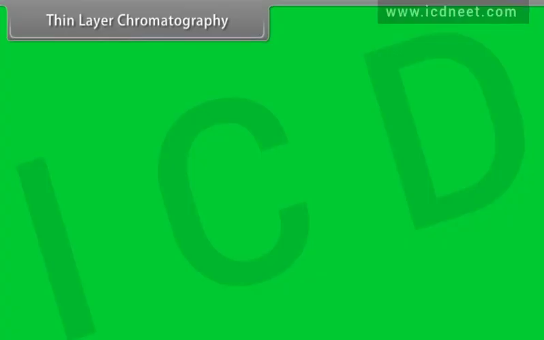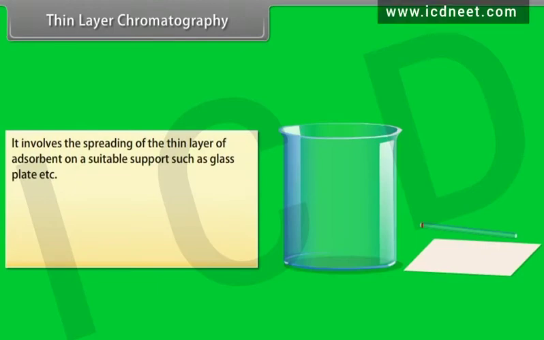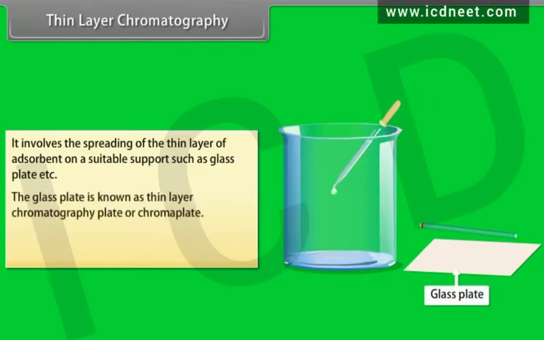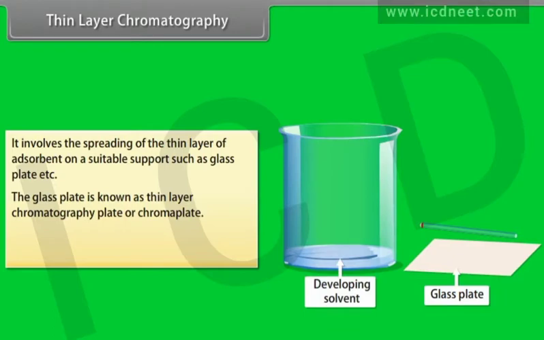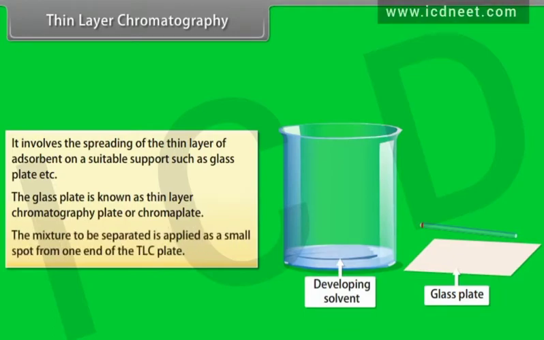Thin layer chromatography involves spreading a thin layer of adsorbent on a suitable support such as a glass plate. The glass plate is known as a thin layer chromatography plate or chroma plate. The mixture to be separated is applied as a small spot from one end of the TLC plate.